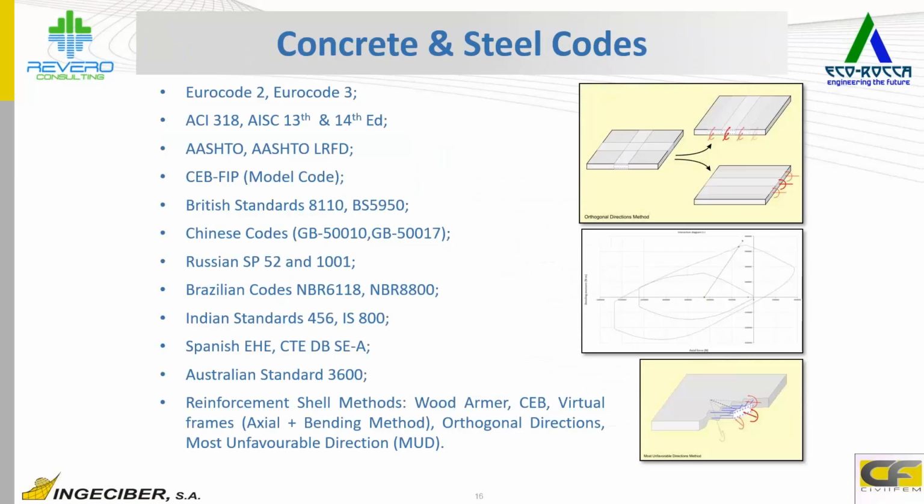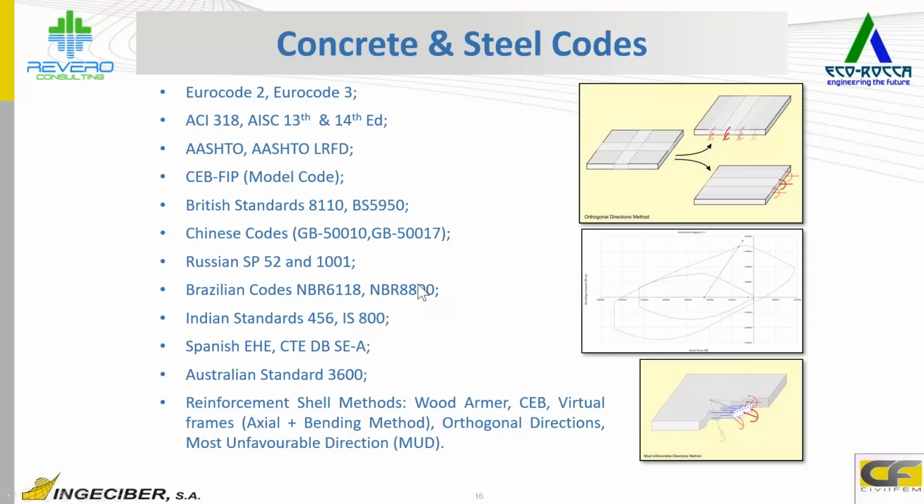Another capability of the software is the use of various codes from Eurocodes, Eurocode 2, Eurocode 3, American standards, international codes for concrete, British standards, Chinese, Russian, Brazilian, Indian, Spanish, Australian.